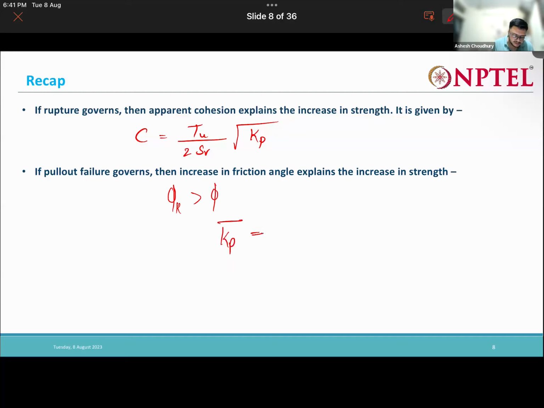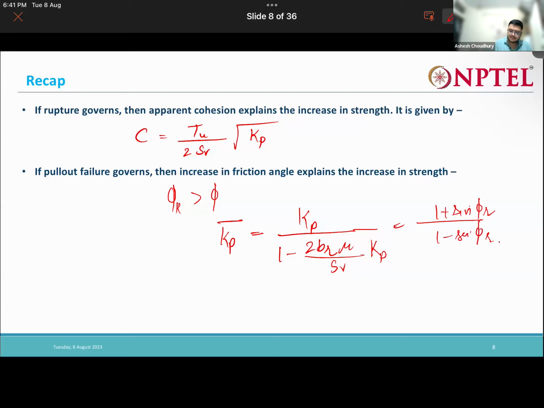This changed Kp value is given by Q by 1 minus 2r. Then you can equate it to 1 plus sin phi r over 1 minus sin phi r, and from this equation you can get this phi r value.